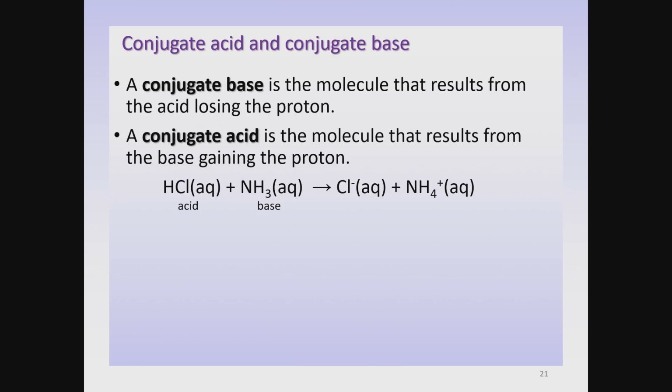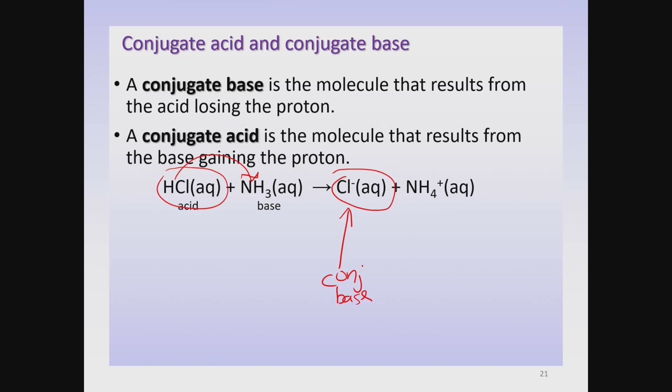The conjugate base is the molecule that results from the acid losing the proton. So here is the acid, right? It'll lose its proton here to ammonia. And what do we get after it loses its proton? We get that. So this thing here is the conjugate base. Now let's identify the conjugate acid.